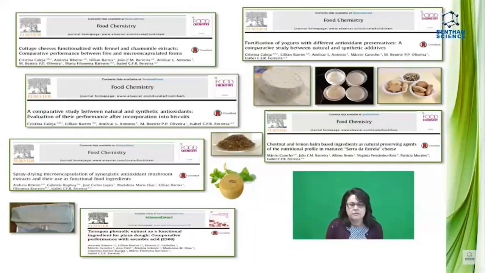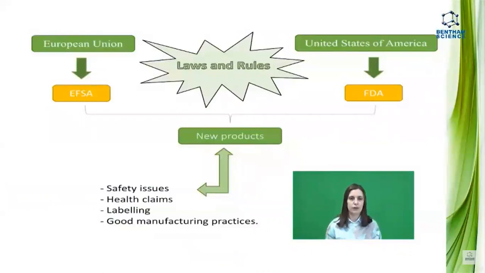Several studies conducted in vitro were designed to evaluate the bioactivity of phenolic compounds extracted from different plants. Despite all the interesting results previously mentioned, phenolic compounds' application in the food industry has to overcome various laws and rules. In the European Union, the utilization of health claims is regulated by the European Food Safety Authority. On the other hand, in the United States of America, the Food and Drug Administration defines the product's categories depending on its characteristics, obeying several safety issues, health claims, labeling, and good manufacturing practices.